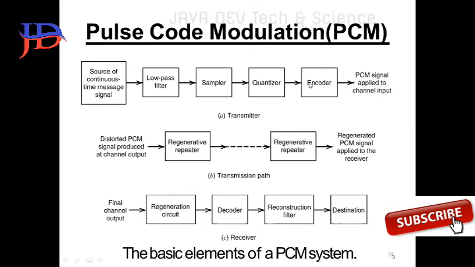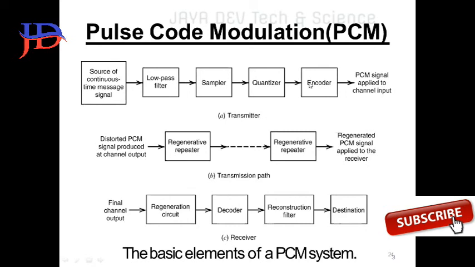Then the output is connected to the channel, where the distorted PCM signal is produced at the channel output. Then we use a number of regenerative repeaters in the channel, because if the original signal is not identified, we are not receiving the original signal.